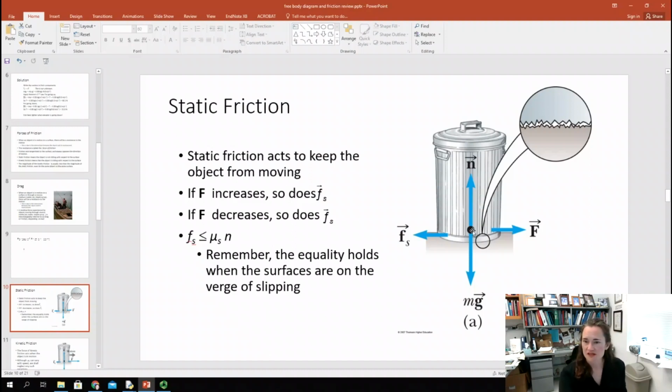So if I were to draw this in a free body diagram, here little n is my normal force going upward, mg is gravity acting downward, and then I'm giving it some kind of push, F, to the right, say, on this trash can. And then the static frictional force points to the left because I'm trying to move the object to the right, and it's going to oppose the direction of the push.